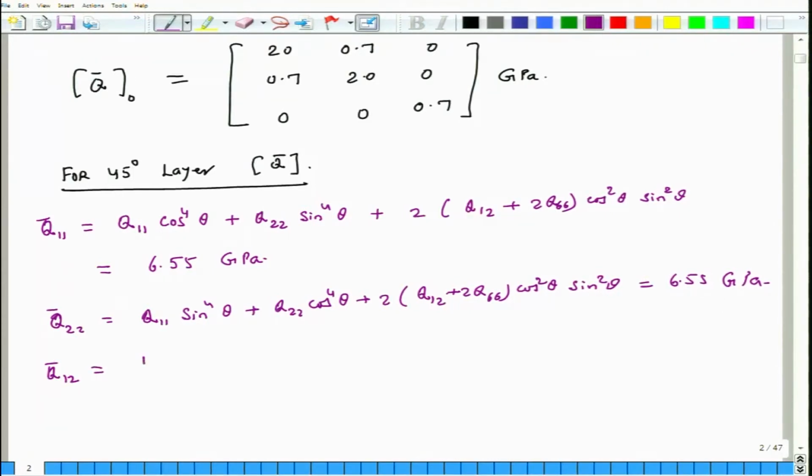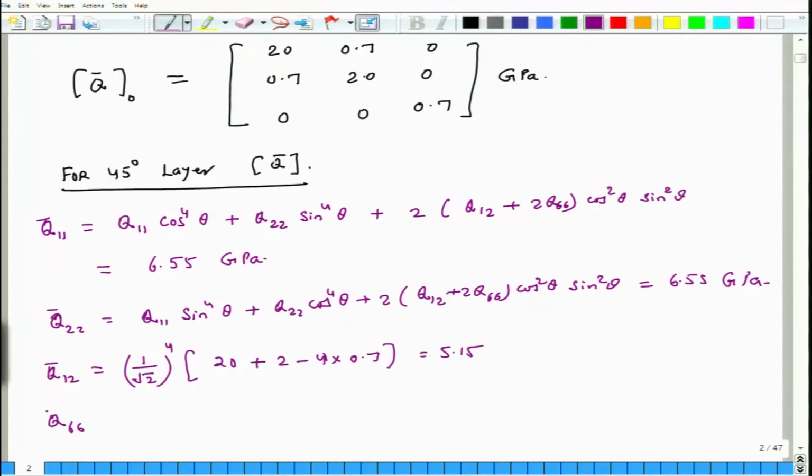This is equal to 1 over the square root of 2 to the power of 4 times (20 plus 2 minus 4 into 0.7). So, this works out to be 5.15.